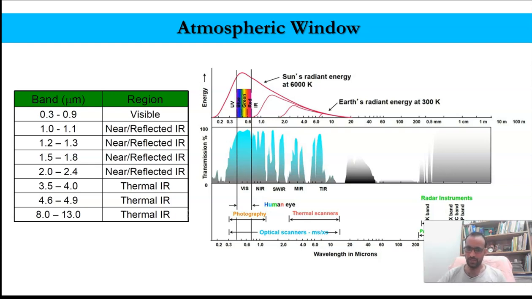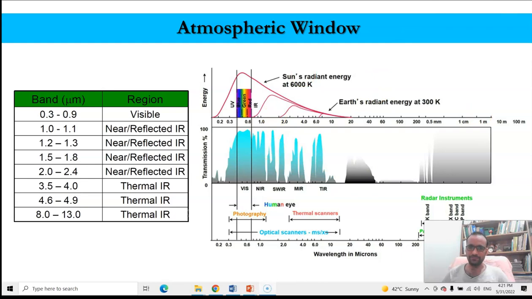So we have to know which part can cross the atmosphere and propagate without any obstacles to the earth's surface and get back to the satellite.